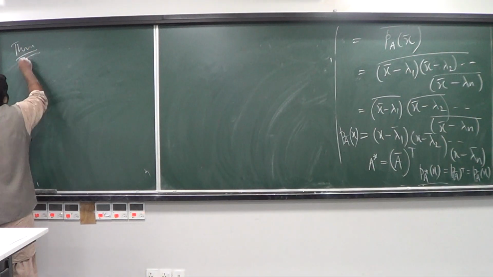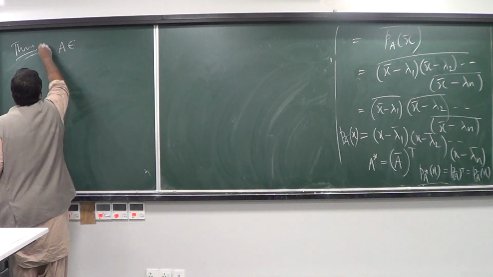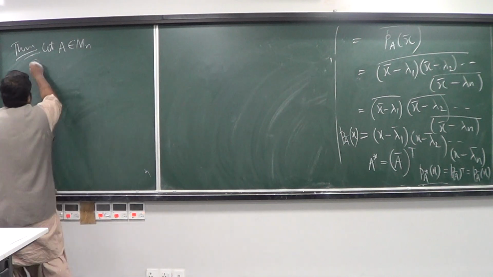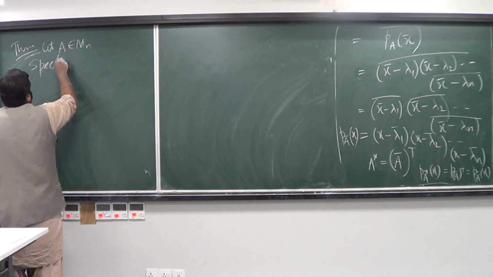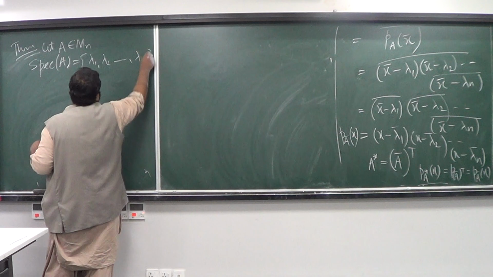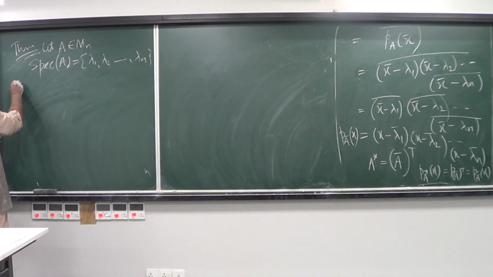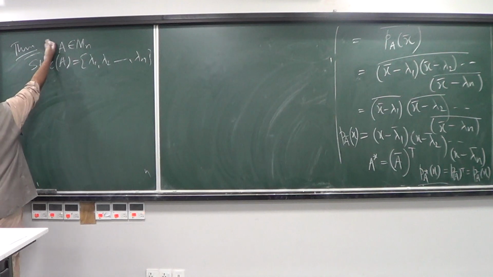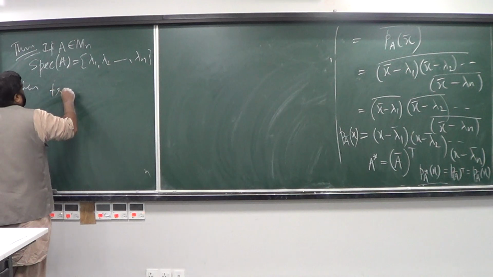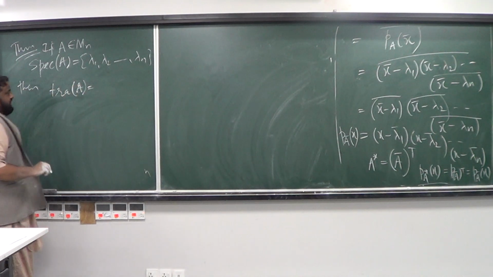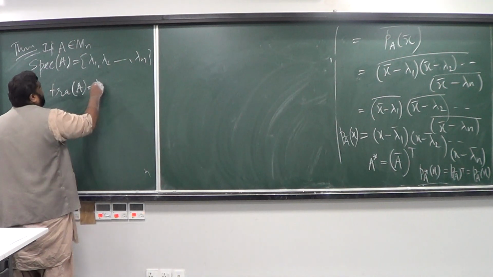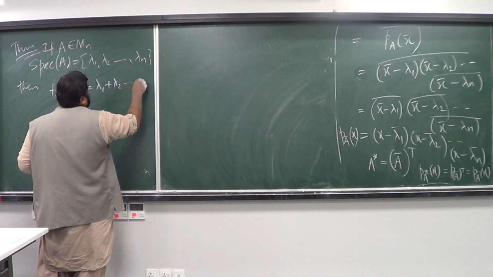So here's a little theorem which says: let A be an n by n matrix, and let's assume that the spectrum of A is lambda 1, lambda 2, up to lambda n. In other words, these are the eigenvalues of the matrix A. Then if you want to compute the trace of the matrix A, you can compute it very easily by simply summing up the eigenvalues.